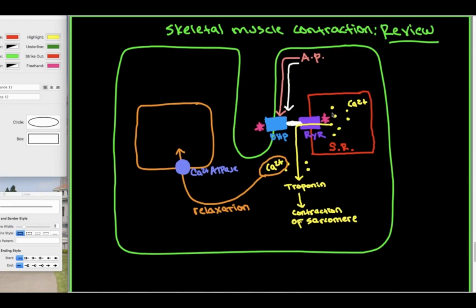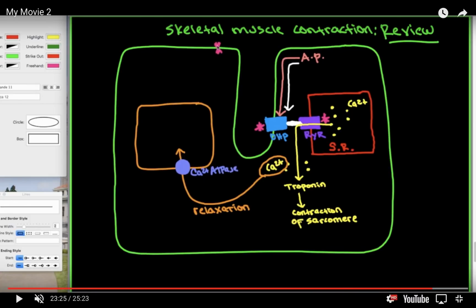So what we're going to see is that the contraction process in cardiac muscle is nearly identical, but there are three key differences, and I put a little star next to the points that are going to be a bit different in cardiac contraction. Everything else is exactly the same.